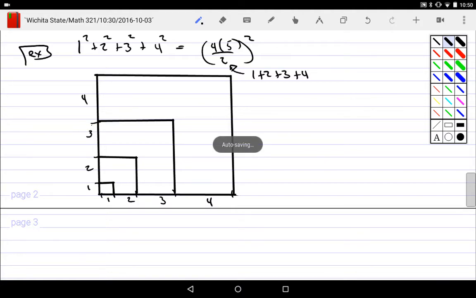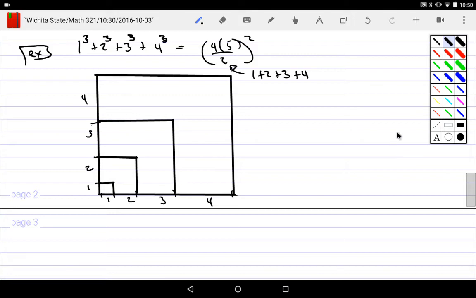Sorry, that's not squares, that's cubes. The sum of the first 4 cubes, right? 1 cubed plus 2 cubed plus 3 cubed plus 4 cubed is the square of the 4th triangular number. And they drew a picture. They said, that's the proof. And then they stopped. People looked at it: how in the world is that a proof?